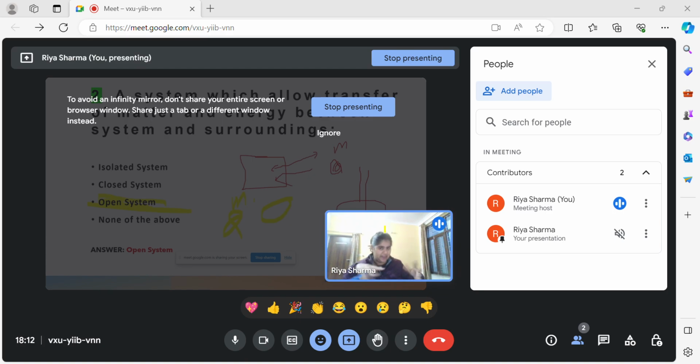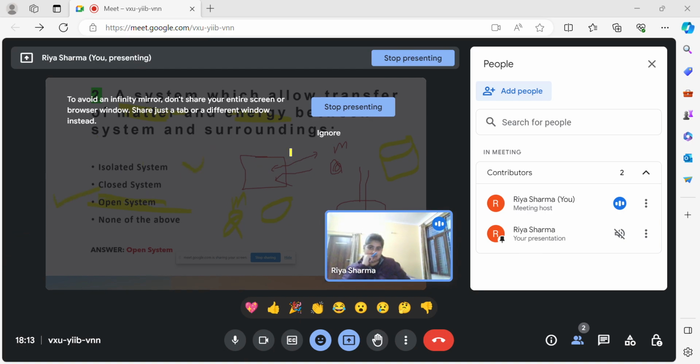For example, a frying pan, a cooker with an open lid, or your boilers or something like that. Matter and energy, in the form of heat or work, can be transferred between the system and the surroundings. So I hope this question is answered.